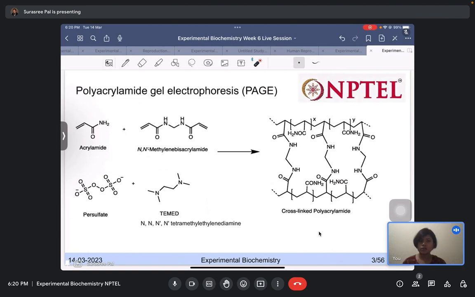Acrylamide has this double bond. This double bond can change into a single bond, and with this single bond formation it can form this kind of linear polymers.